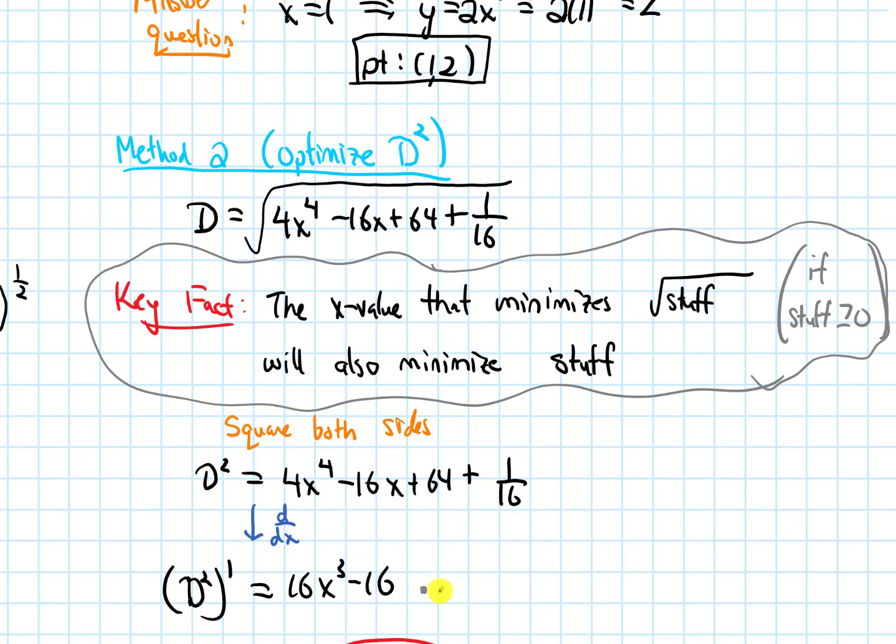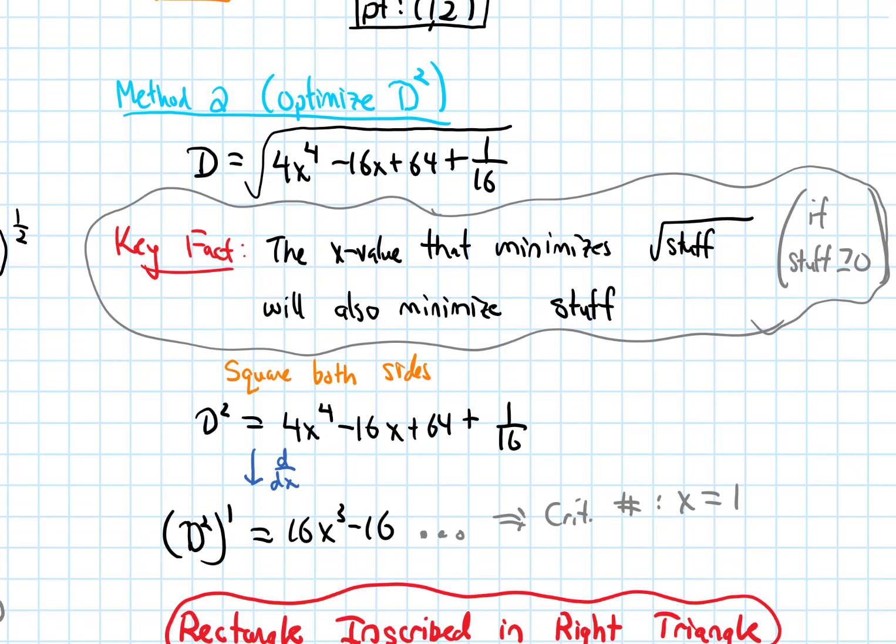I'm going to put a dot, dot, dot, because we've done some of this work already, and I'm just going to tell you what the critical numbers are. The critical number we get from this is x equals 1, and from here, the steps will be the same as in method 1.